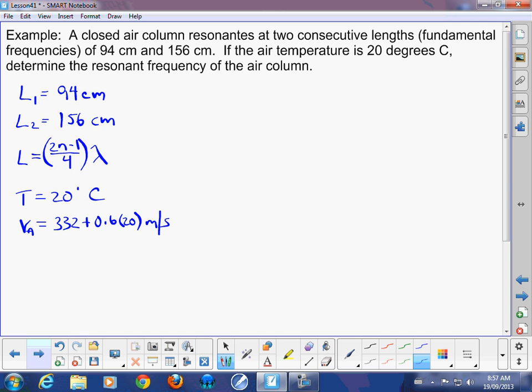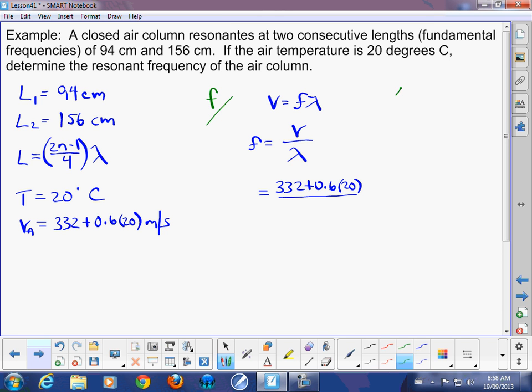We want to determine the resonant frequency of the air column, so we're looking for F. We only have the one formula that involves F, and that is our universal wave equation. Once again, I'm going to rearrange it, so I have the velocity in air divided by wavelength. I'm going to have to find wavelength again, because I already know V is 332 plus 0.6 times 20.